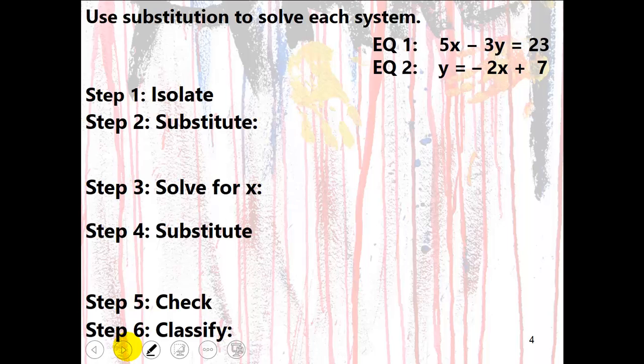Okay? Now sometimes they try and trick you and they tell you to isolate the variable and then they isolate it for you. And you're like, what? But that's okay. They've already isolated y for us here. This is done. So make a note here. Done. Don't have to do that. Now, this expression, negative 2x plus 7, I'm going to substitute into equation 1.